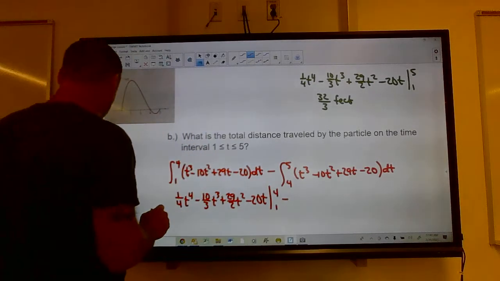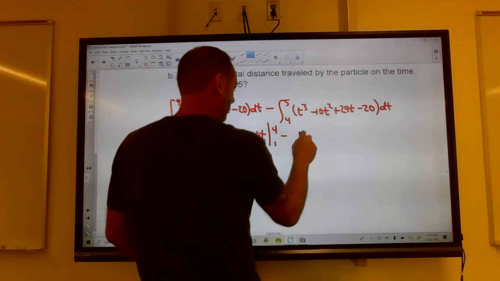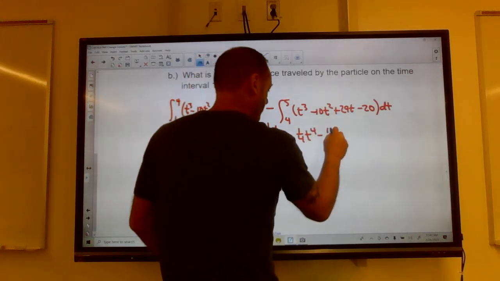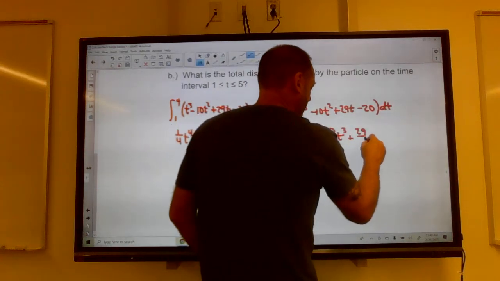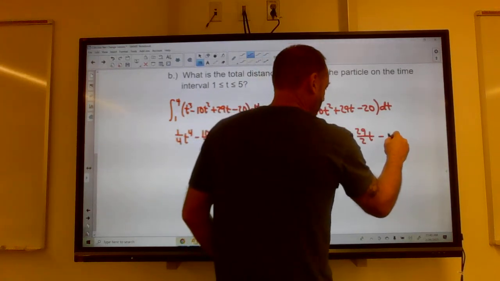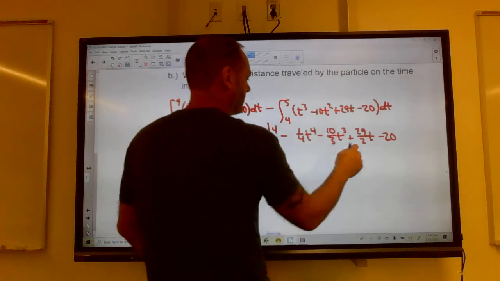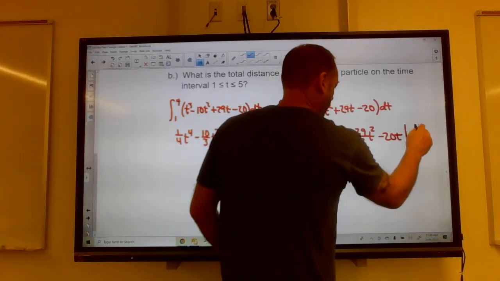And then we're going to subtract from that the same thing, 1/4 t to the 4th minus 10/3 t cubed plus 29 halves t squared minus 20t, evaluated from 4 to 5.